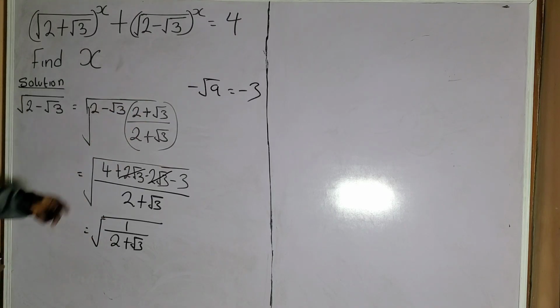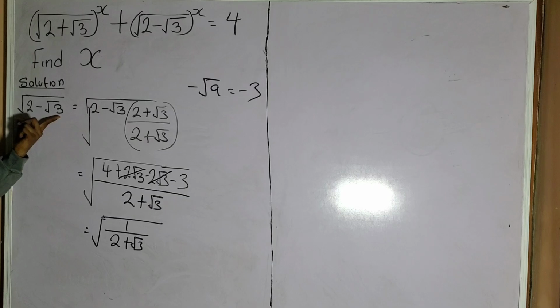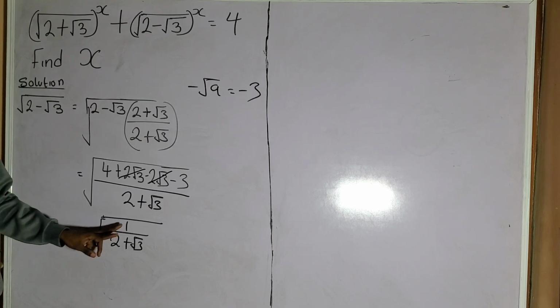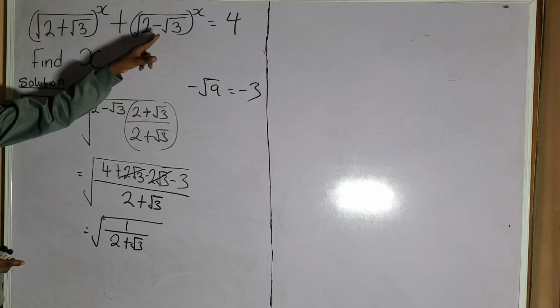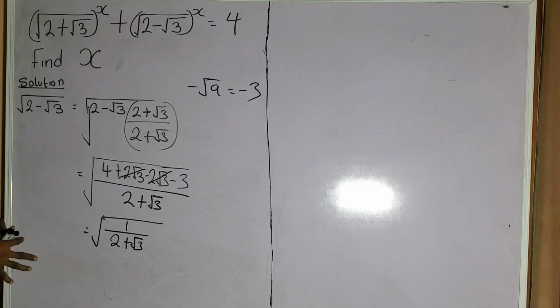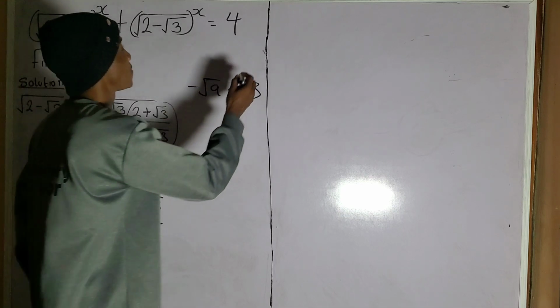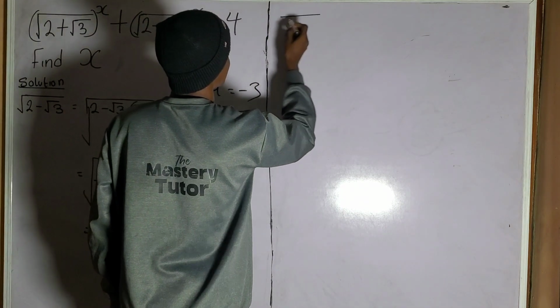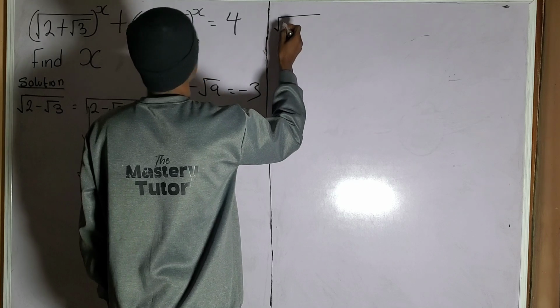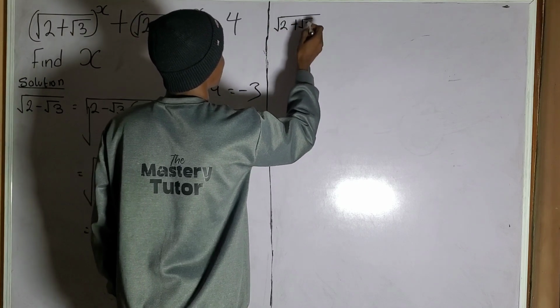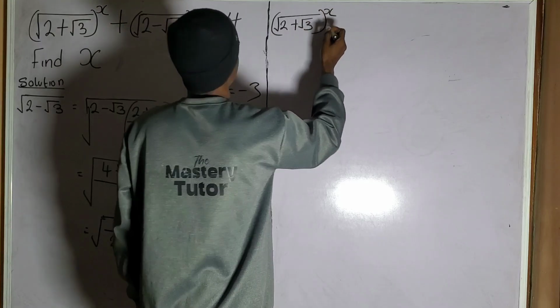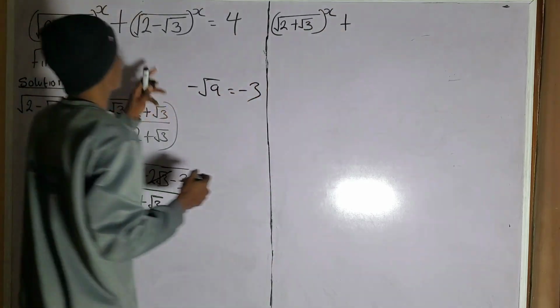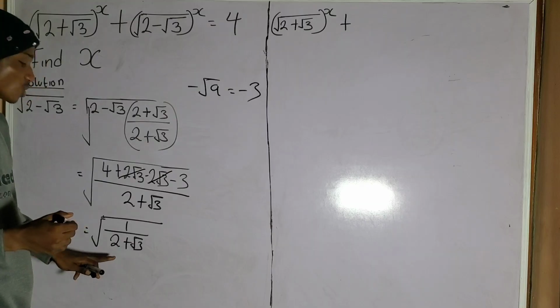Do you understand? I rewrite square root of 2 minus root 3 as square root of 1 over 2 plus root 3. So it is this I'm going to replace as this. Do you understand? So let us proceed. I'm going to have square root of 2 plus root 3 raised to the power of x plus, now instead of square root of 2 minus root 3, I'm going to substitute this.